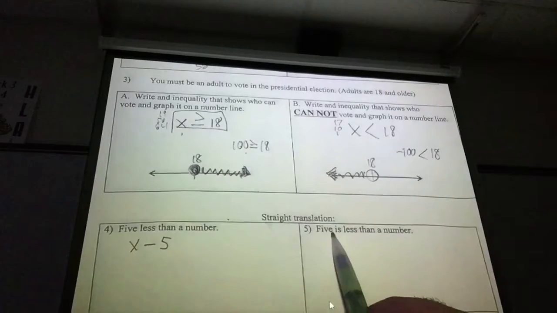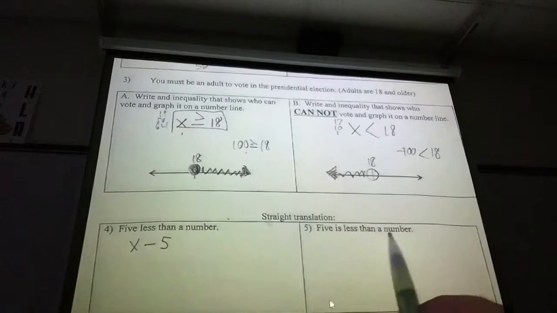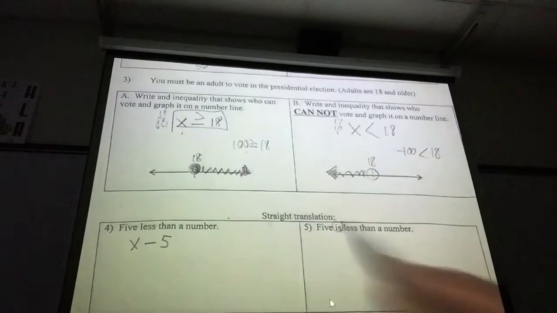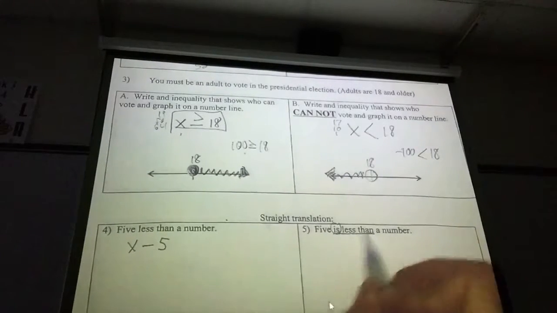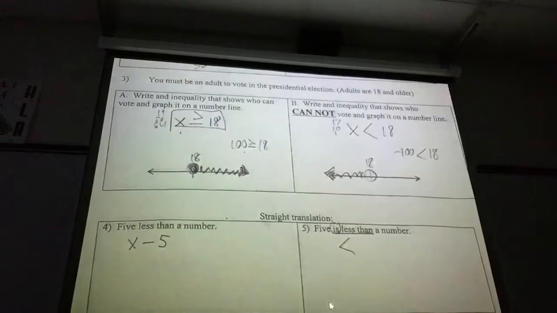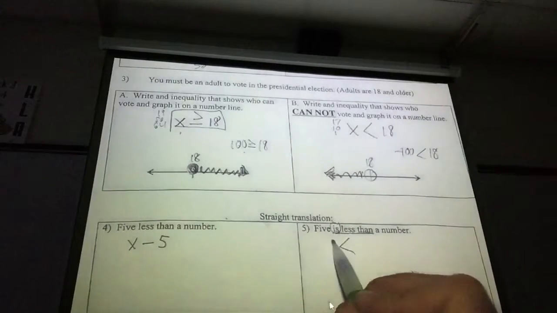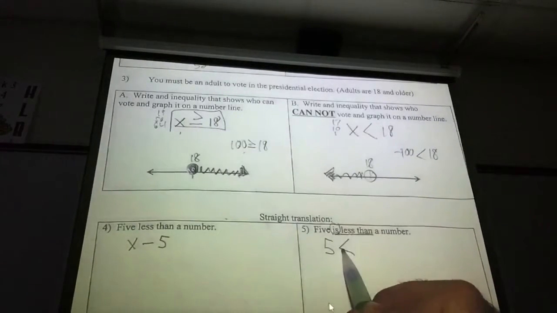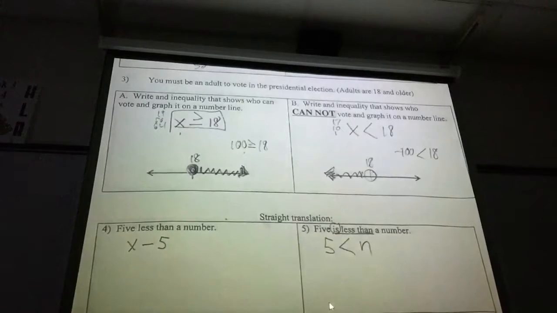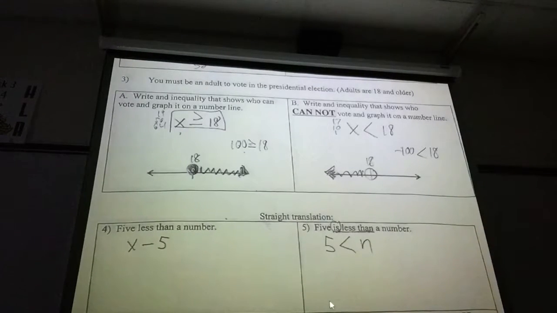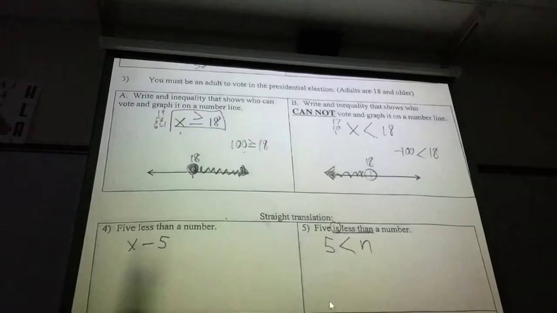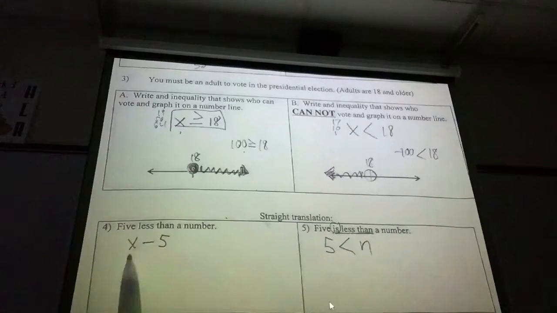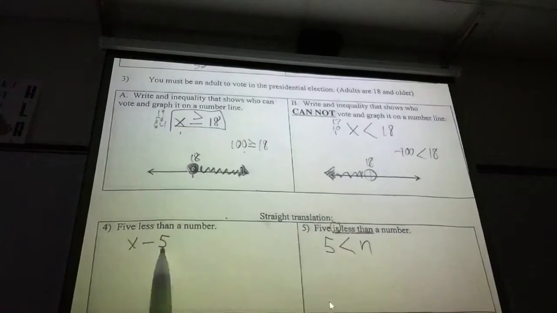This says 5 is less than a number. So the difference is the word is. If you see is less than, that is this symbol right here. So you see the difference between this? This does not have an is, this does. So 5 less than a number means x minus 5.